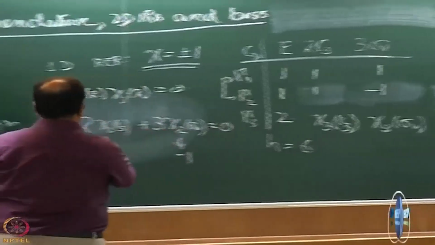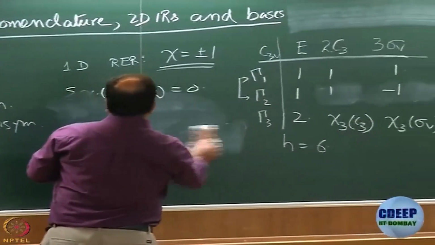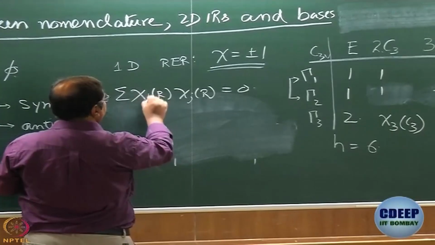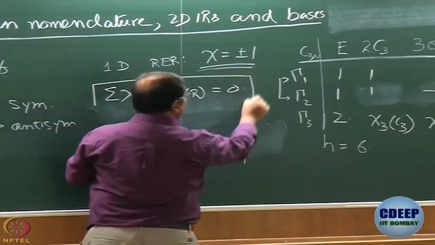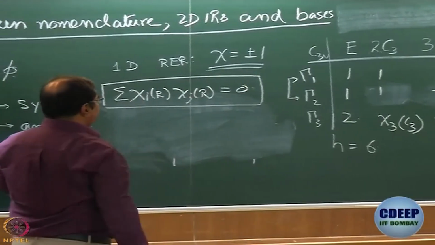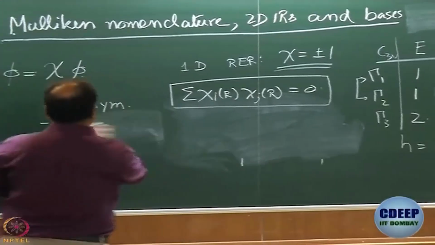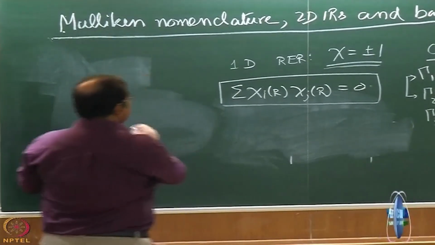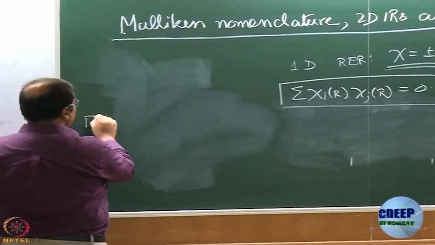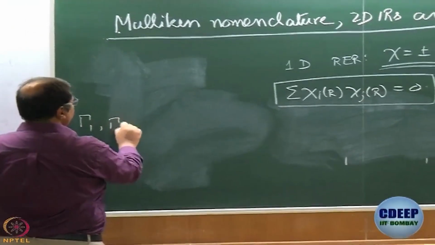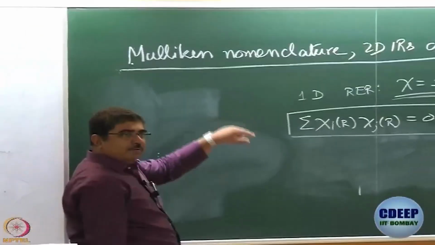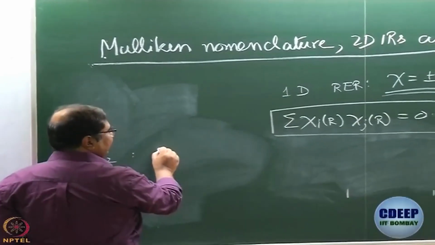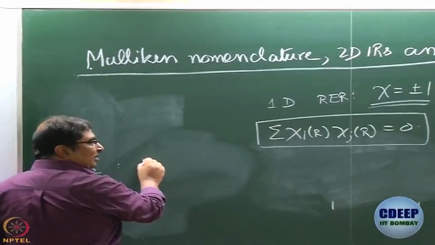Let us proceed. We will use the same rule here. First, let us take gamma 1 and gamma 2. Help me, what is the left hand side for this, using gamma 1 and gamma 2?